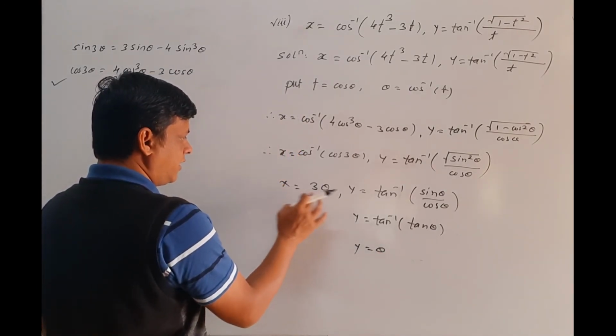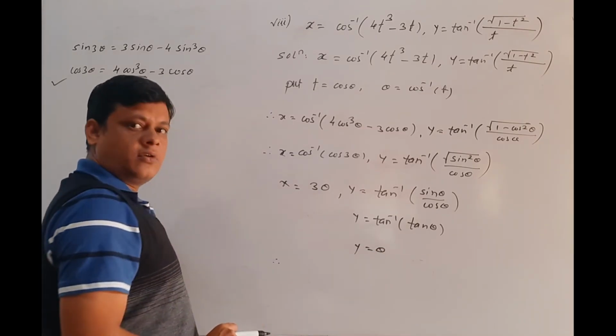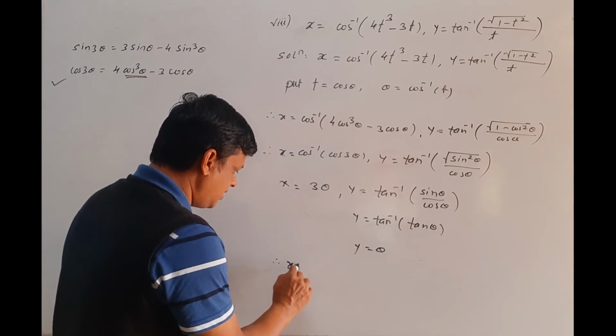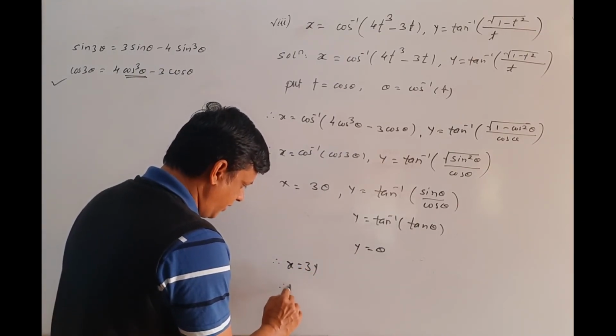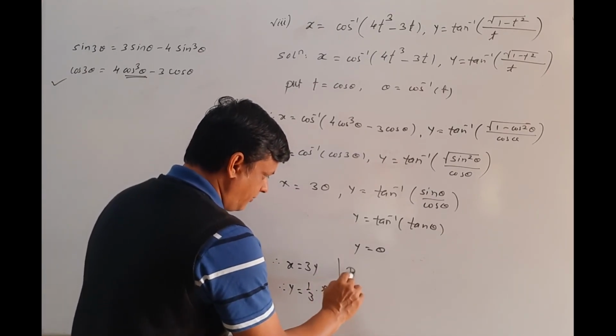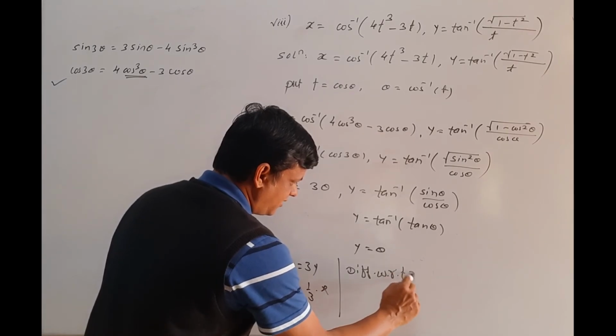Now we have x equals 3θ, y equals θ. So here we replace θ by y. So write x equals 3y. Therefore y equals 1 by 3 into x. So differentiate with respect to x.